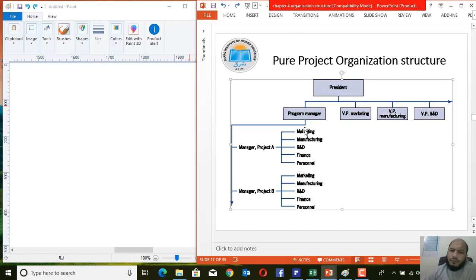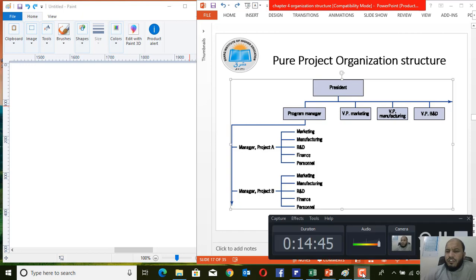All of these people who are working within this project are responsible to the project A manager, and this project A manager is then responsible to the program manager, and the program manager is then responsible to the president. So here we may say that the project authority is in the hand of this manager, and all of this team is responsible to him, and they are striving to achieve the project A objectives or the project A milestones.